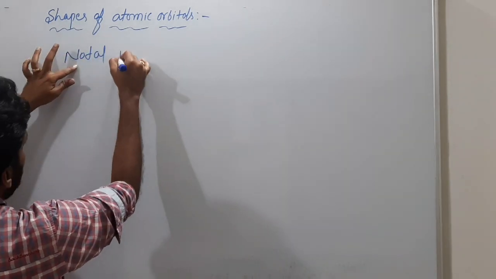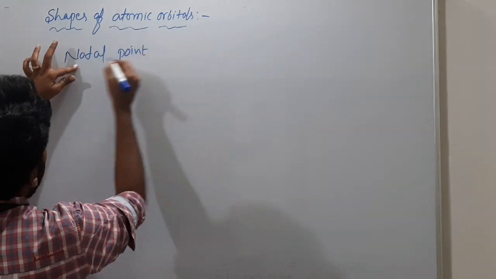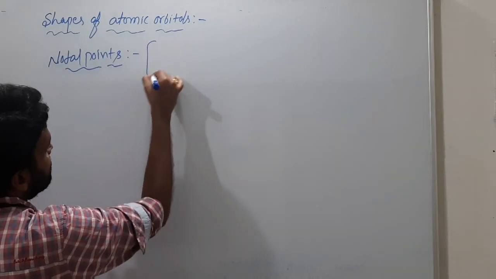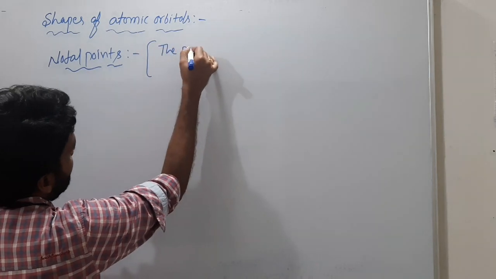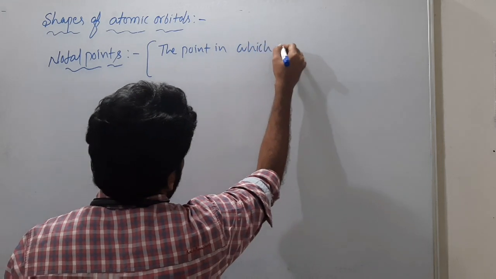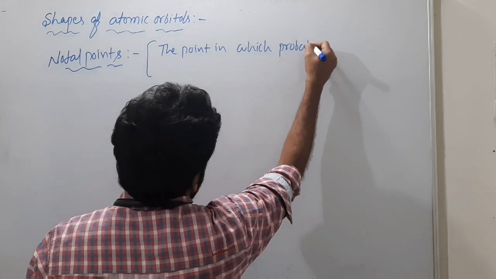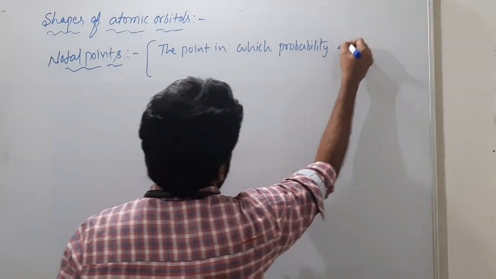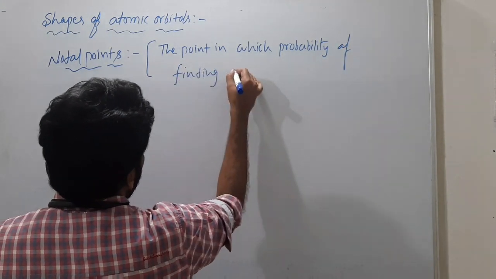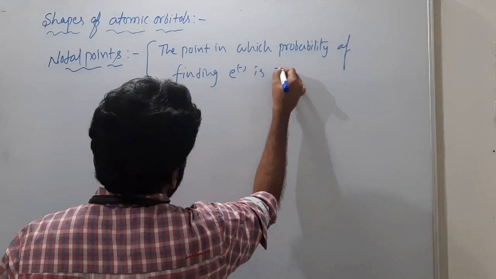Now I will talk about another one, that is the nodal point. Very important is the nodal point. Nodal point means, first I will give the definition: the point in which the probability of finding an electron is 0.